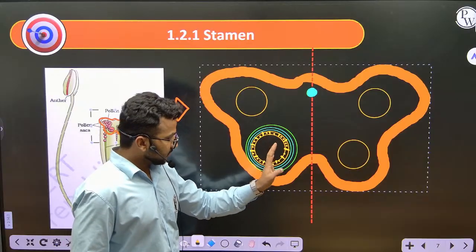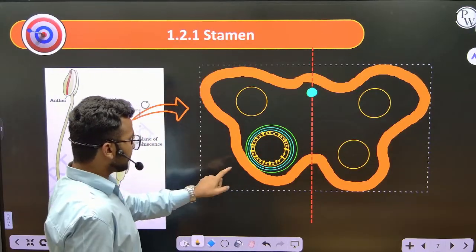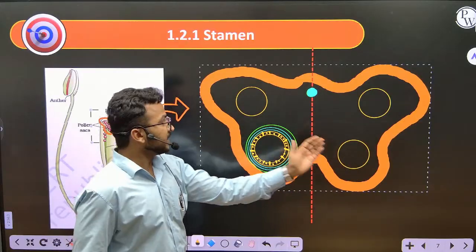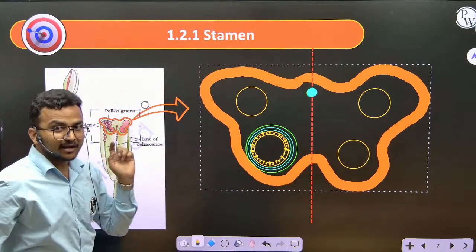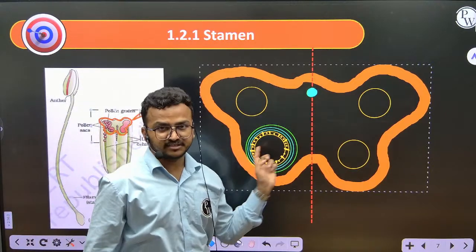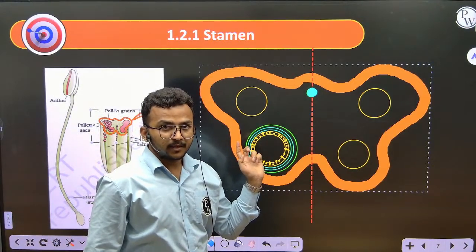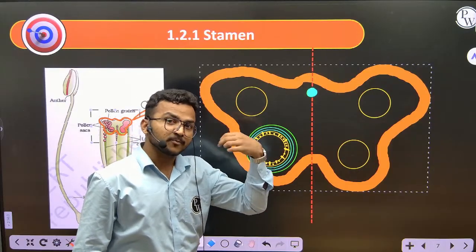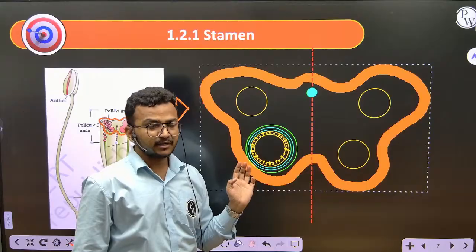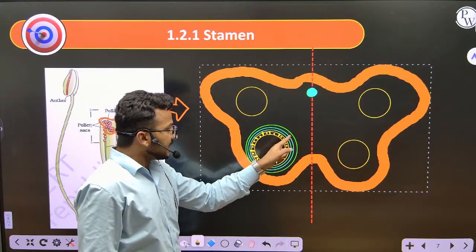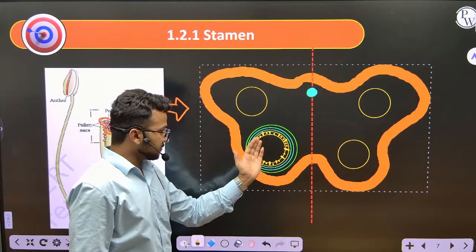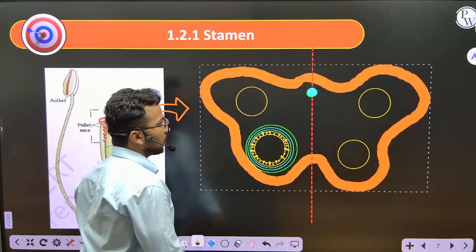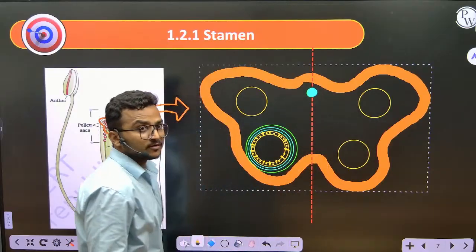See, what we are discussing here is the TS of anther. When you cut the anther in a transverse section, you will get this shape. This TS of anther, or TS of microsporangium, shows these layers in each theca or pollen sac or microsporangium.